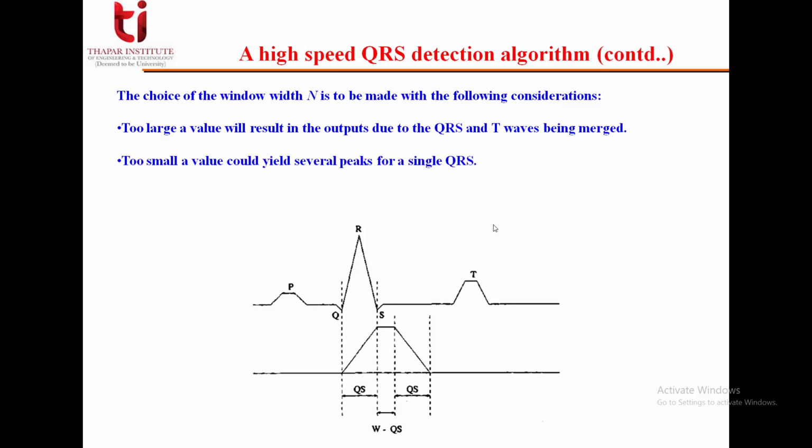And if we choose a value that is too small, that could yield several peaks for a single QRS complex. So we have to choose the window length accordingly. When we have chosen a sampling frequency of 200 hertz, then a window width of N equal to 30 was found suitable.